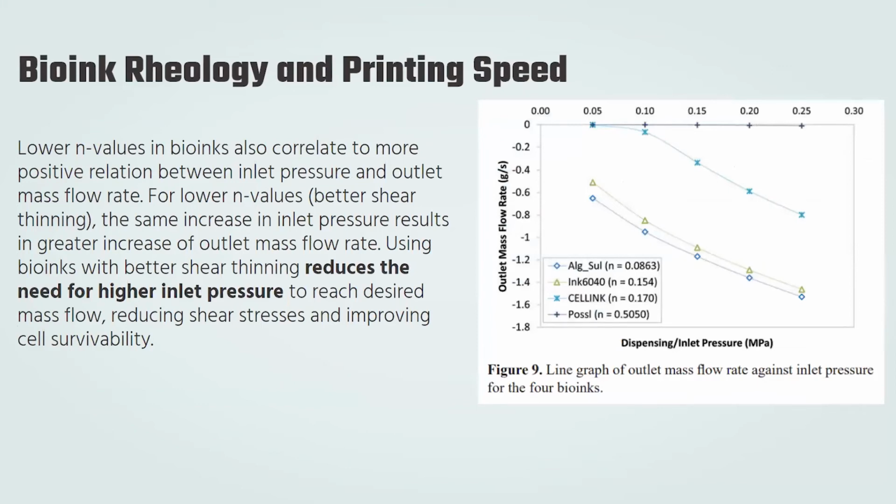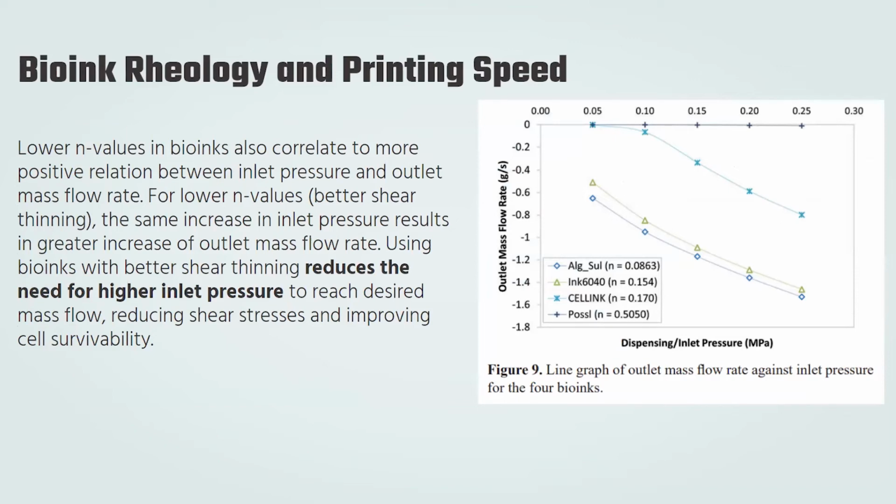Next, the result of bioink rheology and printing speed. Lower N value in bioinks also correlates to a more positive relation between inlet pressure and outlet mass flow rate. For lower N value, better shear thinning, the same increase in inlet pressure results in a greater increase of outlet mass flow rate.